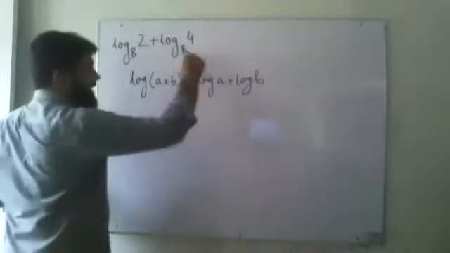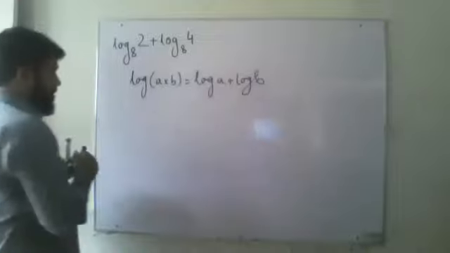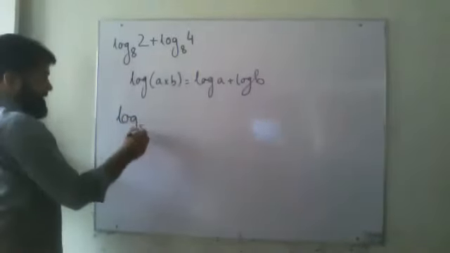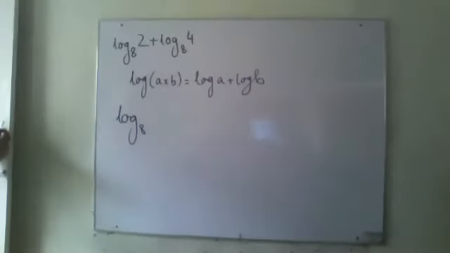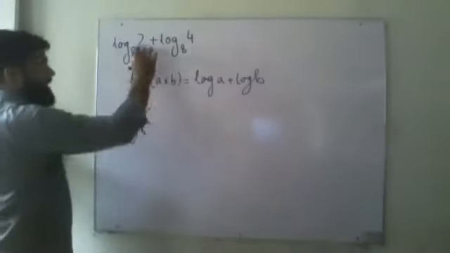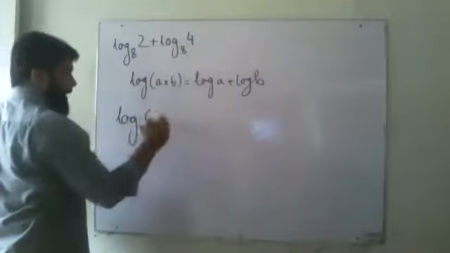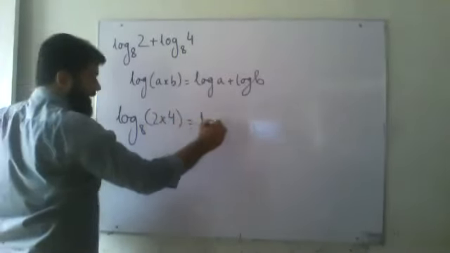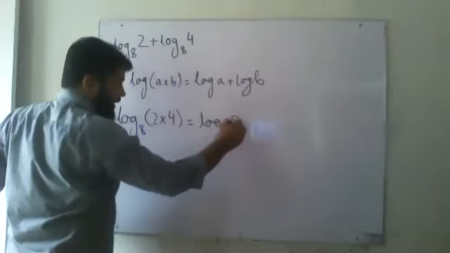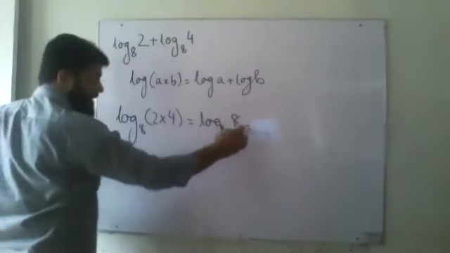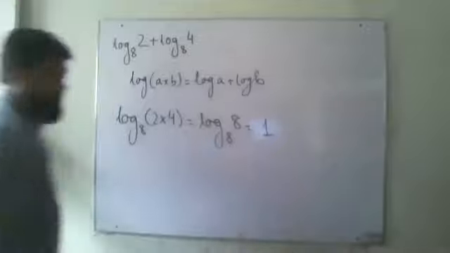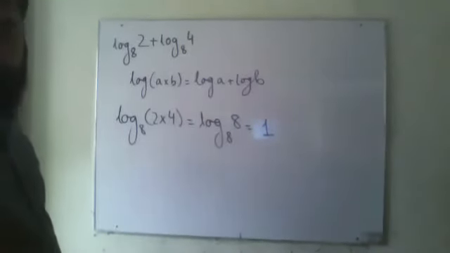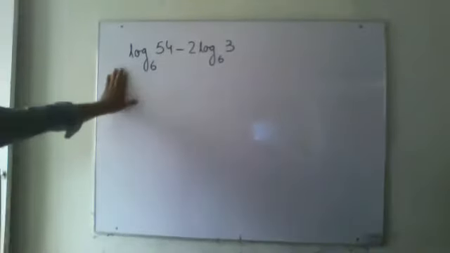As it is written in this form, I will take log and base outside, and both multiples will be written in multiplier form. That's why it will become log base 8 of 8. Base and multiple are same, so my result will become 1.